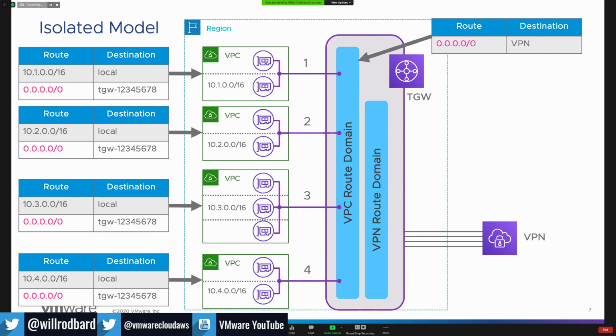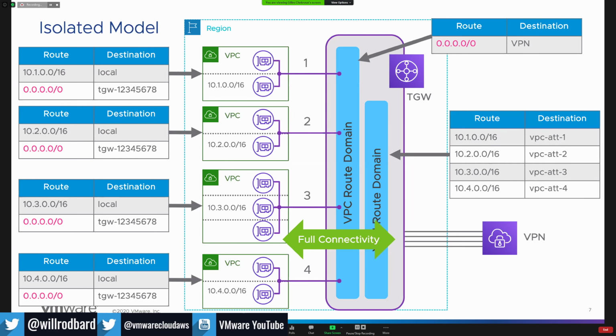Okay, so any route I send to my VPN, this is like a default routing domain in this VPC route table. So I have full connectivity. Every VPC can go to on-prem via the VPN. And also I learn my way back.